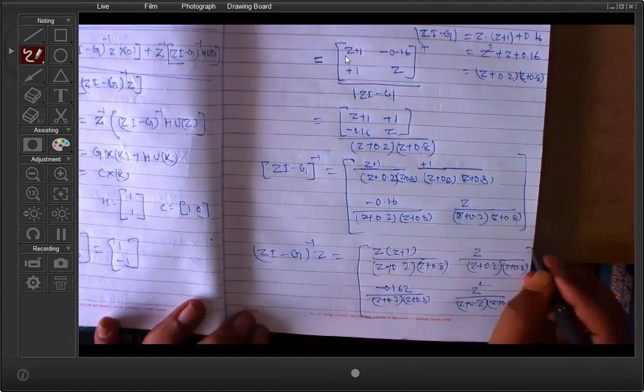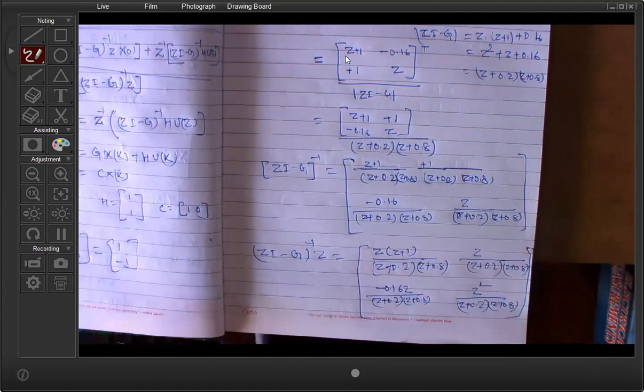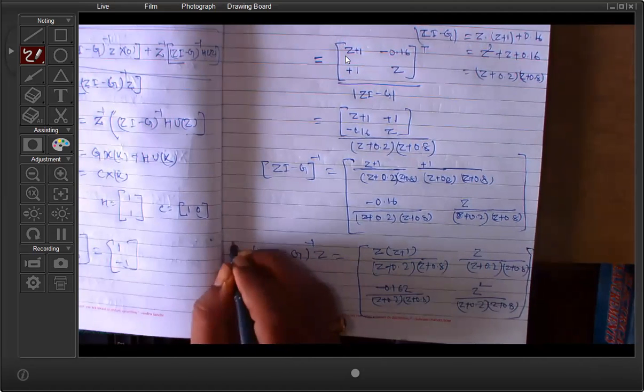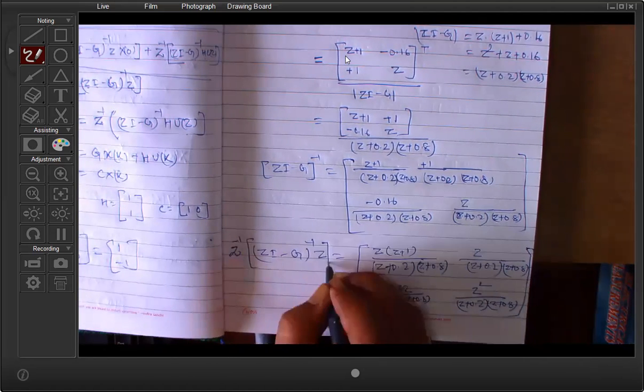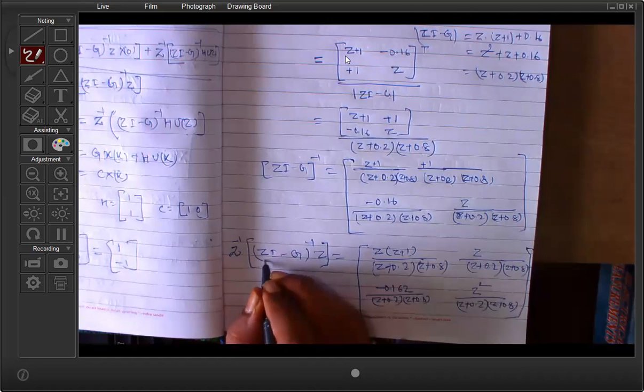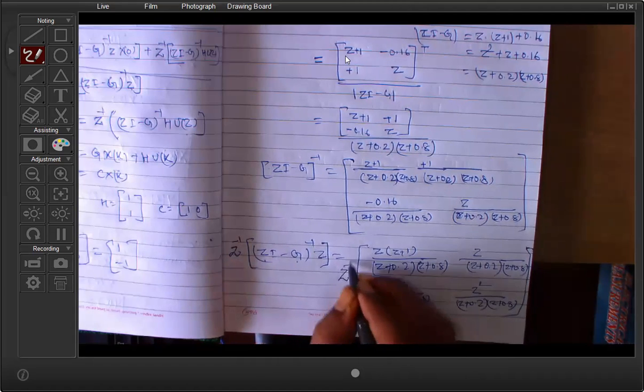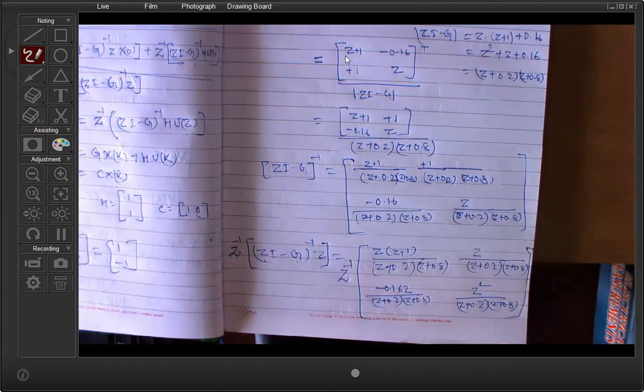Okay, now we have to find out the inverse Z transform of (ZI minus G) to the power minus 1 into Z, that is, we have to find out the inverse Z transform of this matrix, which is equal to the state transition matrix of the given problem.